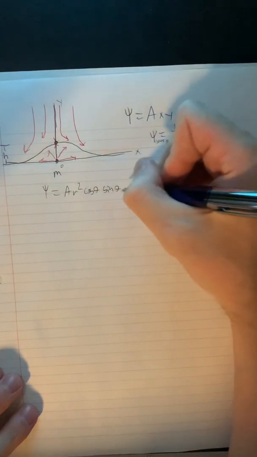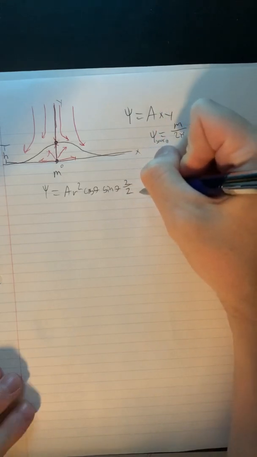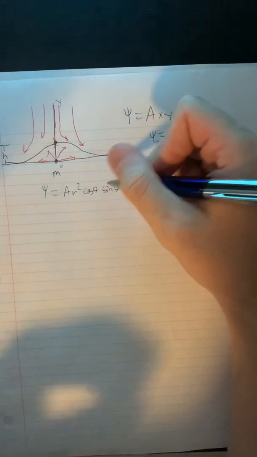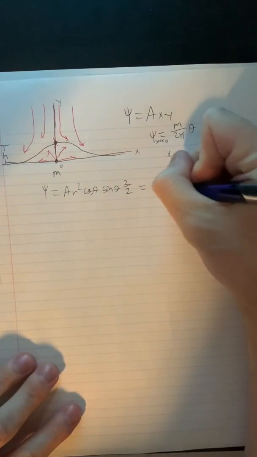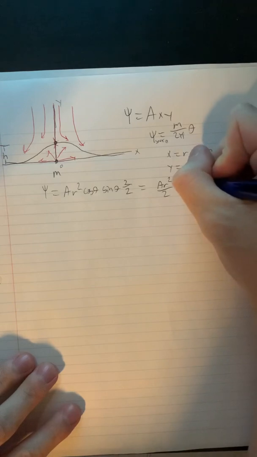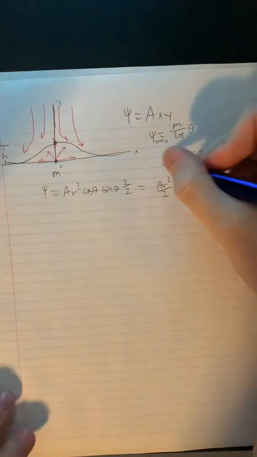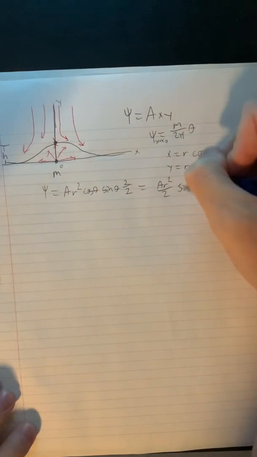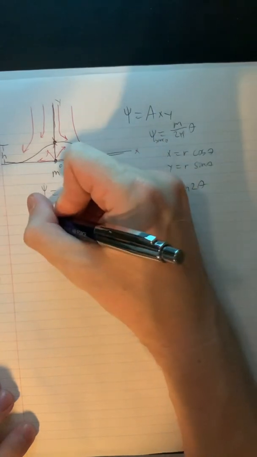It's really close to the double angle formula, and we can manipulate it a little bit by multiplying by 2 and dividing by 2. That gives us our double angle, so A R squared over 2 sine 2 theta. So now that we have our two streamlines, using superposition, we just want one streamline function.